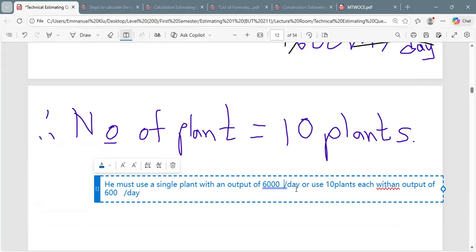So this is how to type that, and that is meter. I don't have this symbol over here.